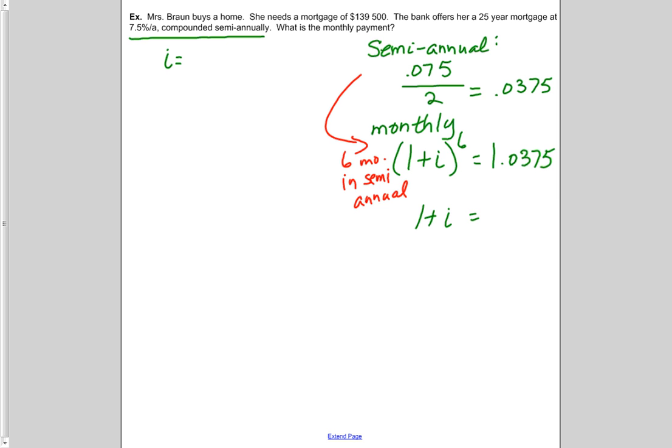To find my rate, I take the sixth root of 1.0375, which is 1.006154. Subtracting 1 from both sides, i is 0.006155, or approximately 0.6%.